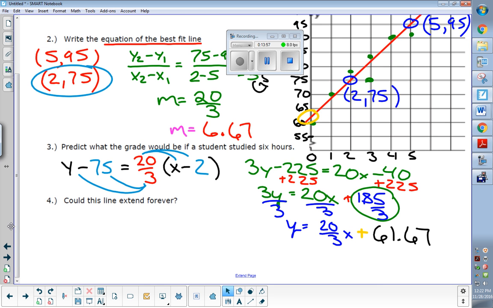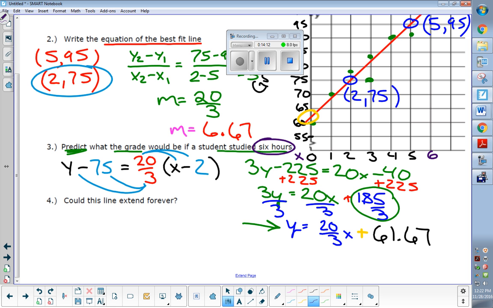We're still on question 3 because I haven't answered it yet. It says, predict what the grade would be if you studied for 6 hours. So this is my prediction equation. If I want to know what it is after 6 hours, that's like what my x value is going to be at 6. So all I'm going to do here is I'm going to take 6 and I'm going to plug it into my x.